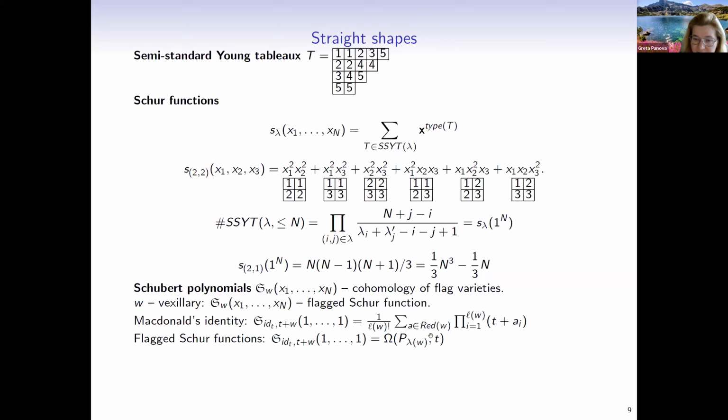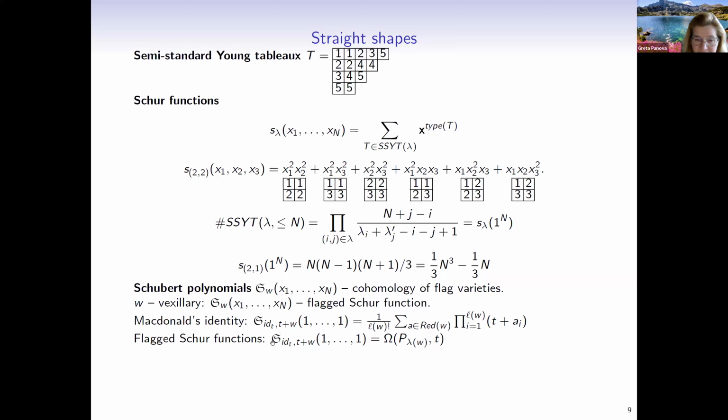For each adjacent transposition, you record a_i, the index at which it happened, so you're switching a_i and a_i plus 1. Then you have this factor t plus a_i. Of course, these are all positive, so what you get here immediately is a polynomial with positive coefficients.